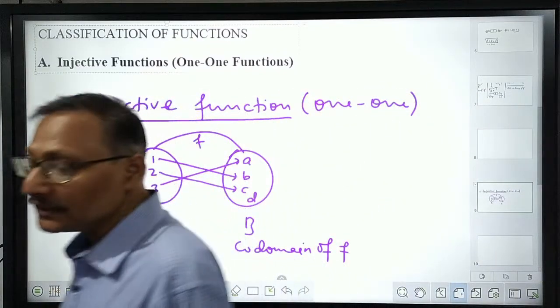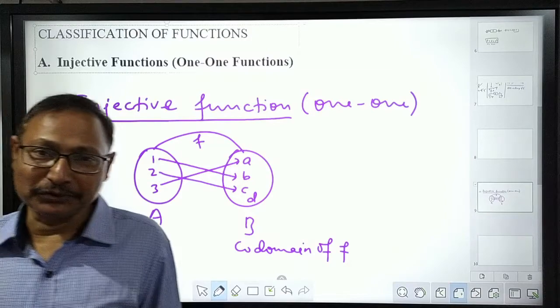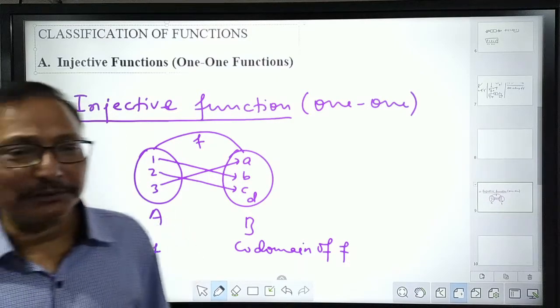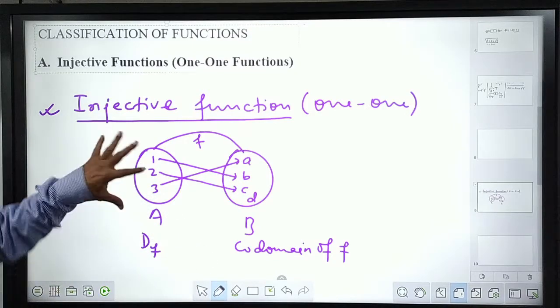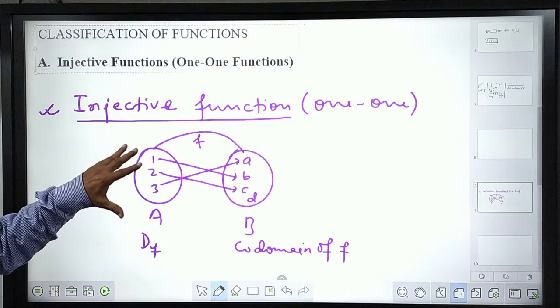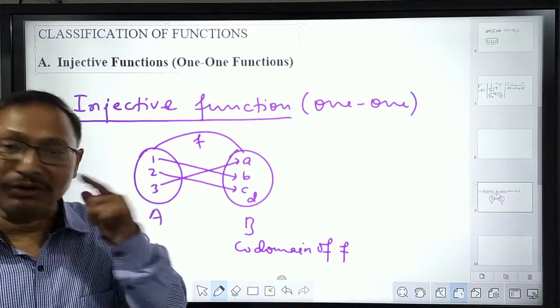That means injective function. Under the head of injective function, we are to check only whether each element of the domain has a different image or not.